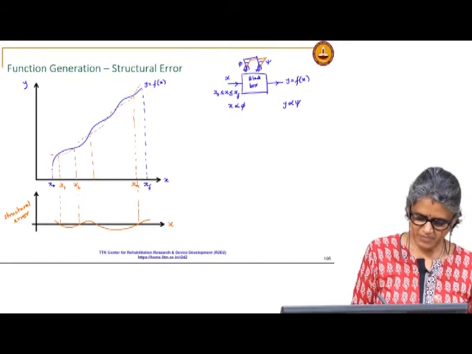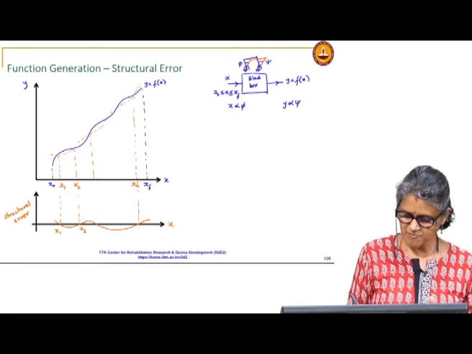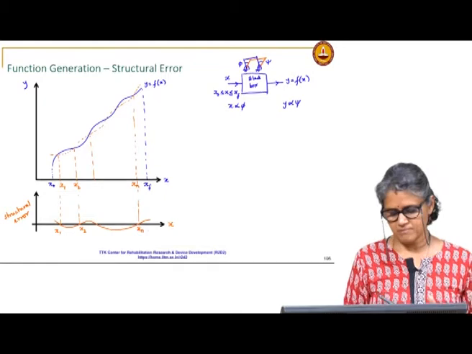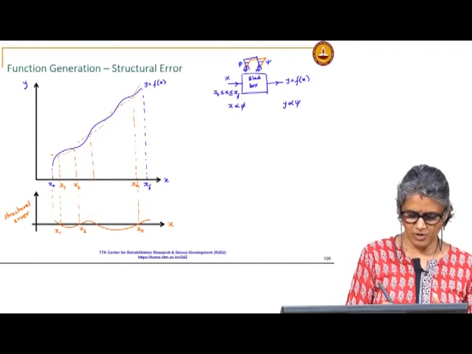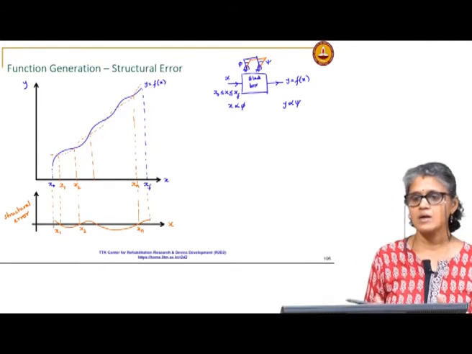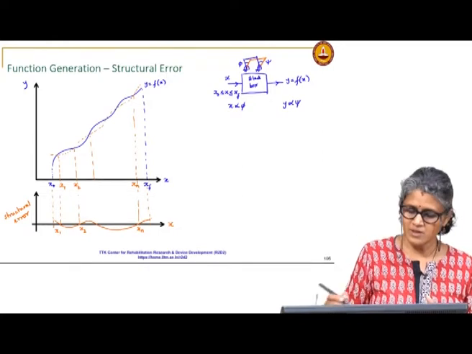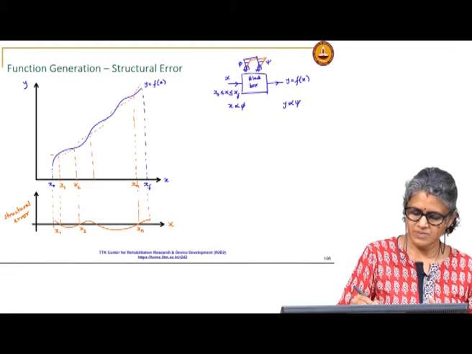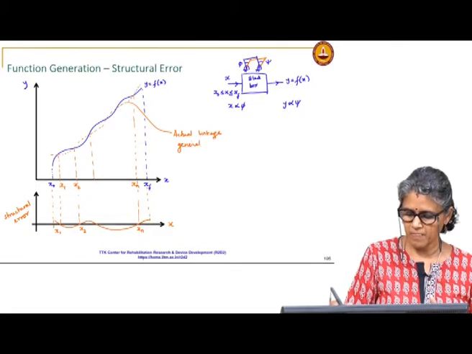So at the precision points I have 0 error, but at the ends or in between I do have a non-zero error. This orange one is the actual linkage generated function.